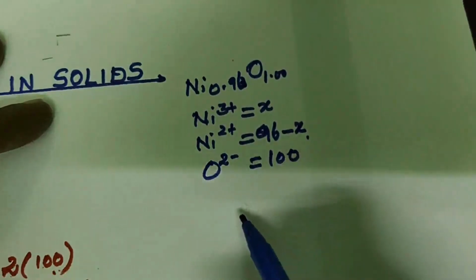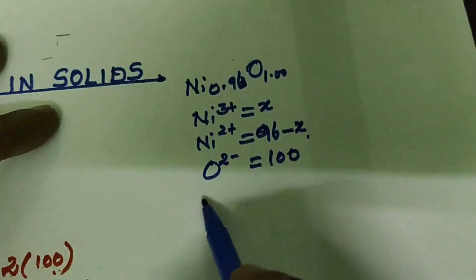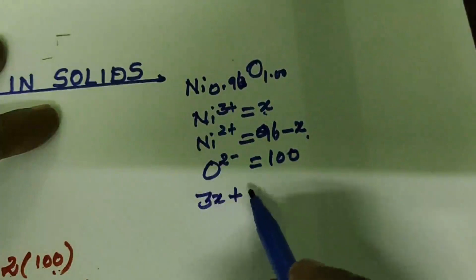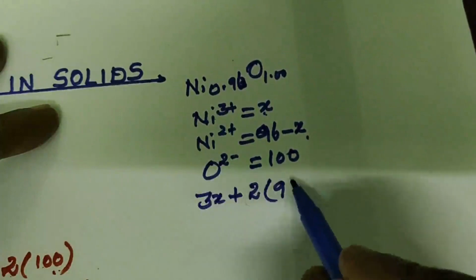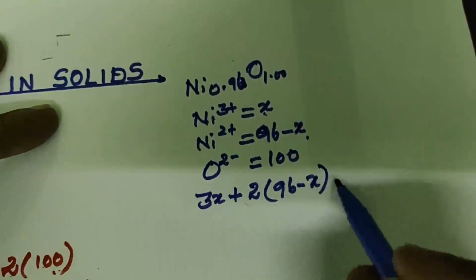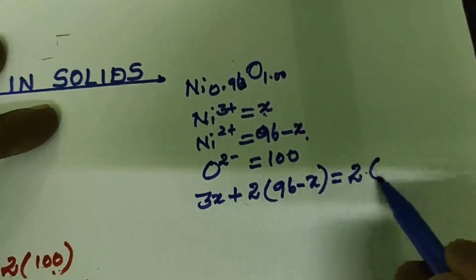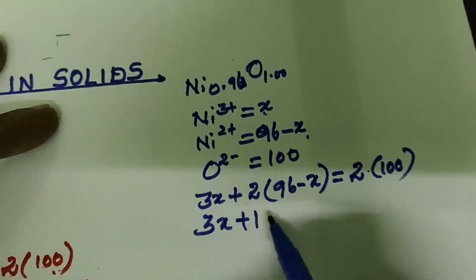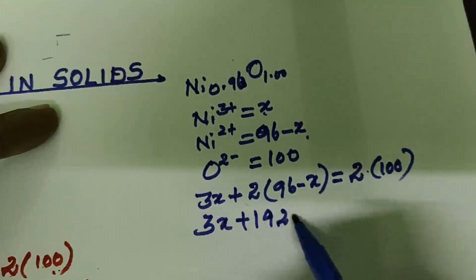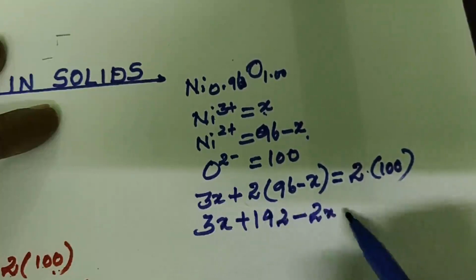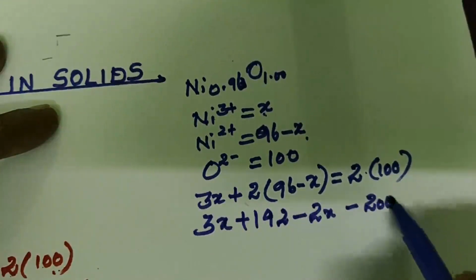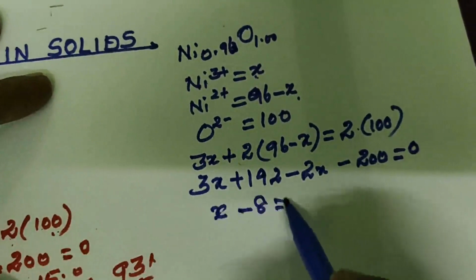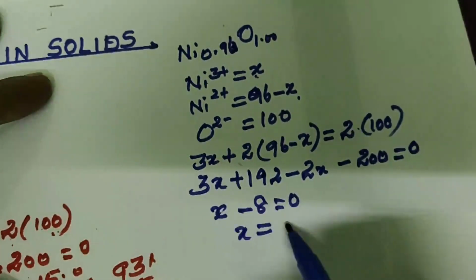Everything is like the previous one. So 3 into x plus 2 into (96 minus x) is equal to 2 into 100. That is 3x plus 192 minus 2x minus 200 equals 0. Then x minus 8 equals 0, so x is equal to 8.